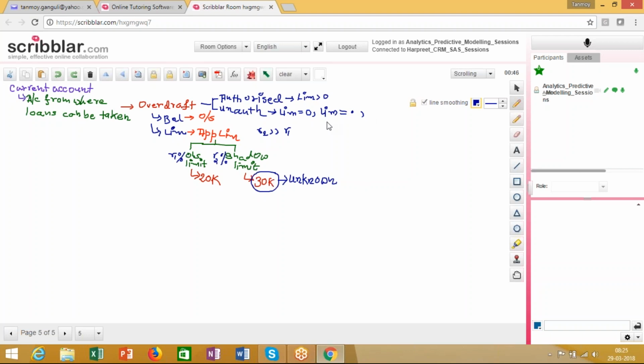Right? So for an authorized overdraft, the limit is greater than zero. The second is an unauthorized overdraft, where the limit is equal to zero, or the limit is missing.